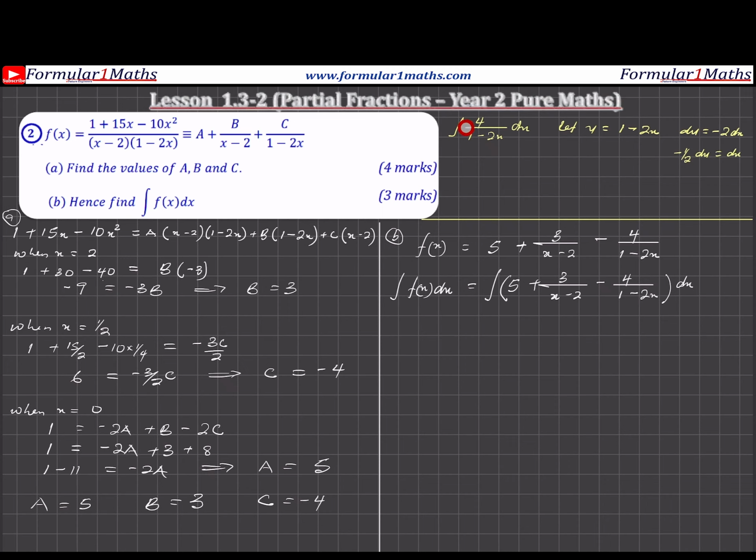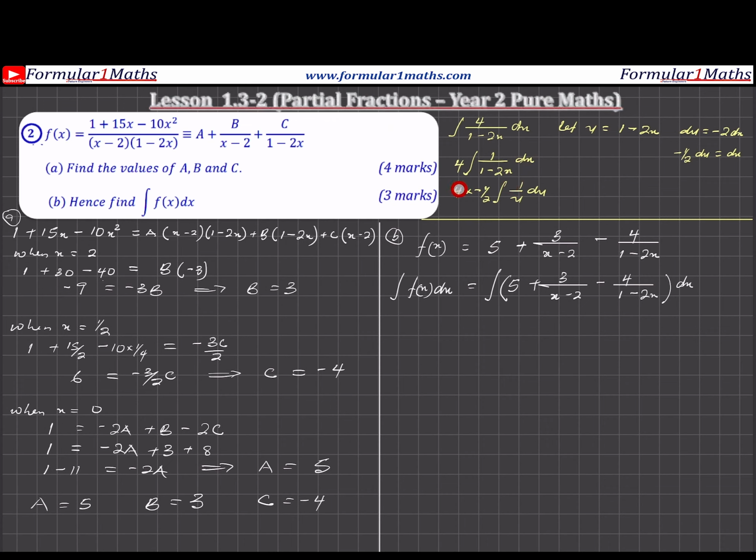So I can rewrite the whole of this integration as follows. 4 integral of 1 over 1 minus 2x dx. So now the dx can be replaced by minus half du, and 1 minus 2x can be replaced by u. And so I have times minus half integral of 1 over u du, because the dx has been replaced by minus half du.